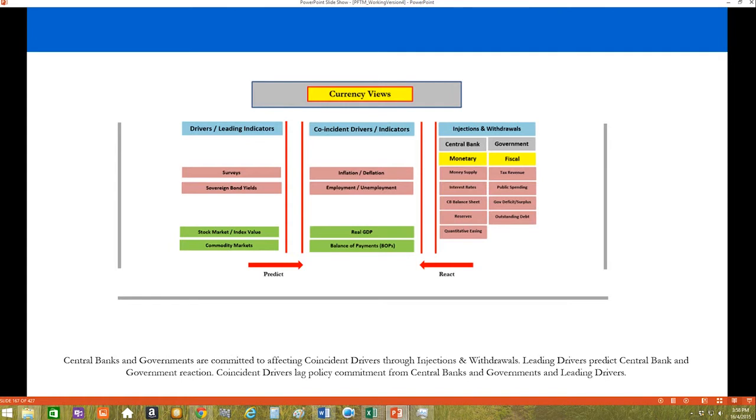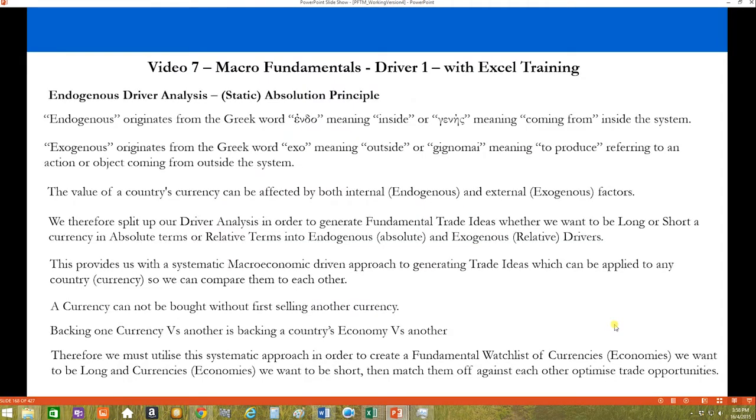And what we do is first, we basically break down all of these drivers further into both endogenous and exogenous drivers. So what is this? Well, the endogenous driver analysis, and this is where we're going to start. The endogenous driver analysis is predicated on a static or absolute principle.